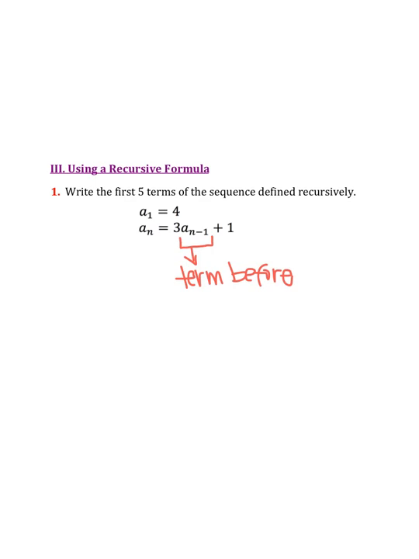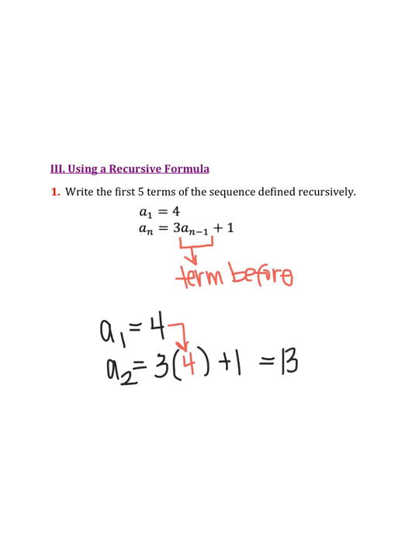So we've got our first term, so a sub 1 is equal to 4. And then a sub 2 is going to be equal to 3 times 4, because it's the term before it, plus 1. So we'll get 13. And then my third term is going to be equal to 3 times the term before it, so 13, plus 1.